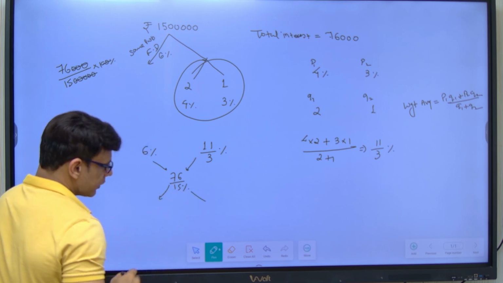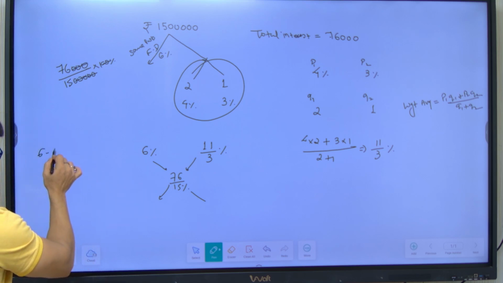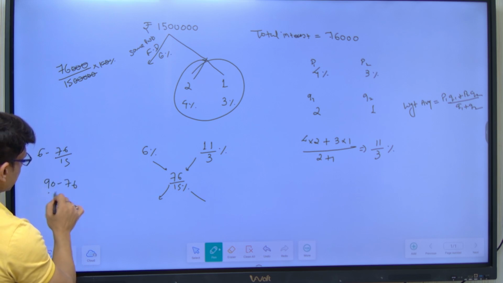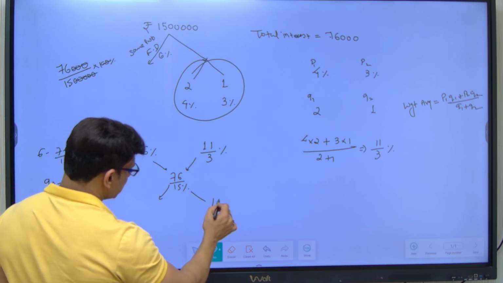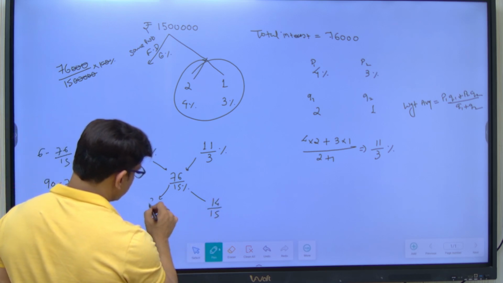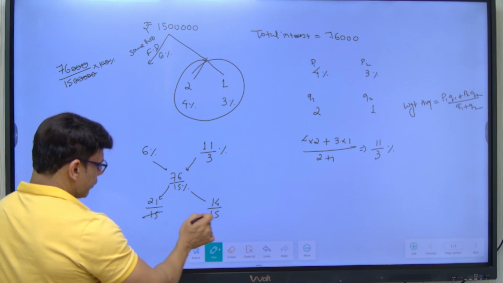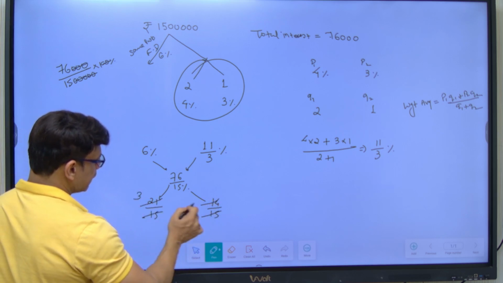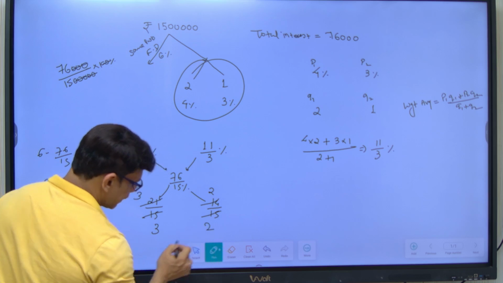6 is more. So when you solve it, you have to write 6 minus 76 by 15. It is 90 minus 76 by 15, which is 14 by 15. So this is 14 by 15 part, and this is 21 by 15. When you cancel it, this will give you 7 3s are, 7 2s are. That means 3 part and 2 part.